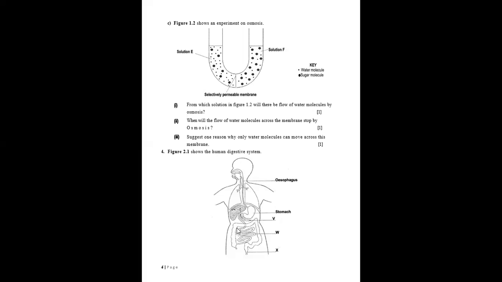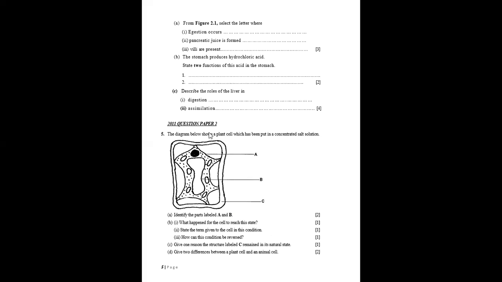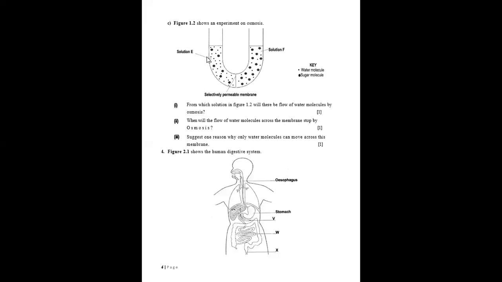So here the question says select the letters where egestion occurs, the removal; where pancreatic juice is formed; and where villi are present. Egestion is X, the anus.